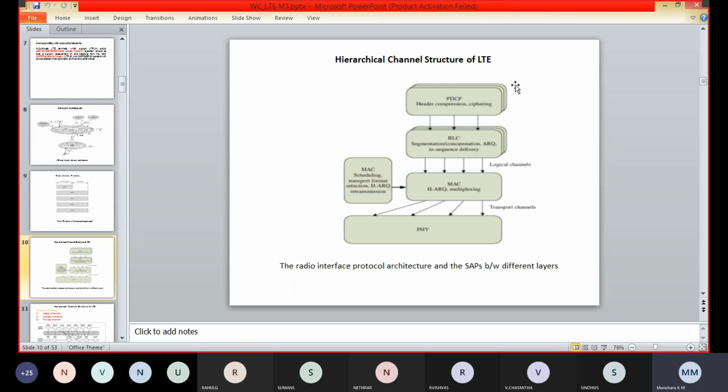So here the logical channels provide services at the SAP, that is the service access point, between the MAC and RLC layers.